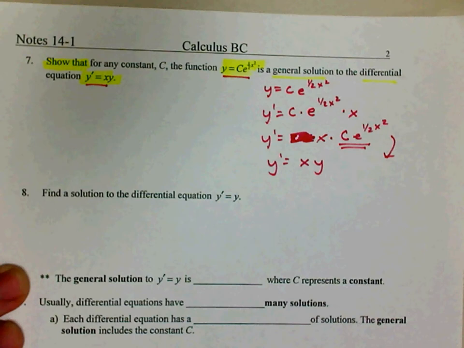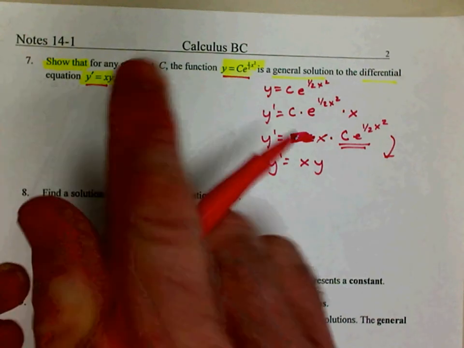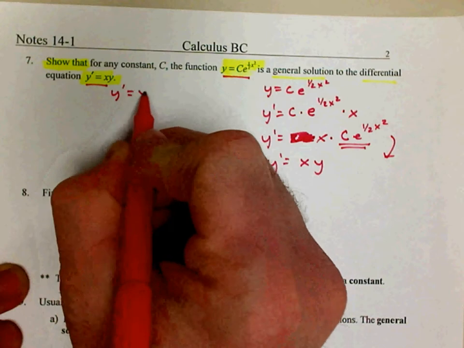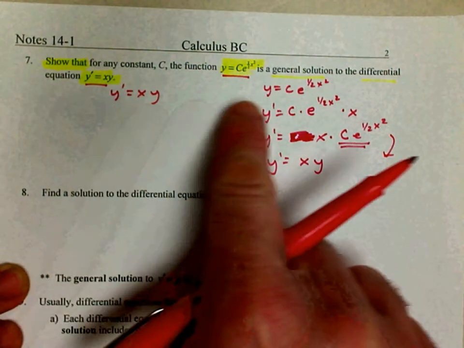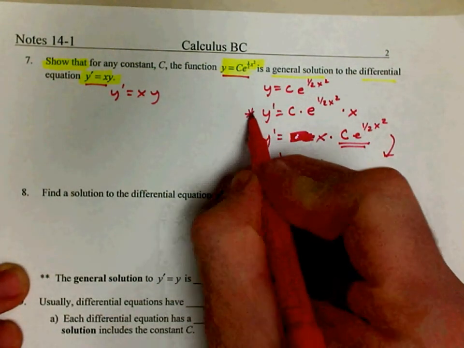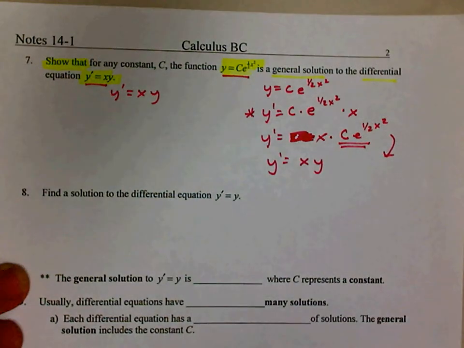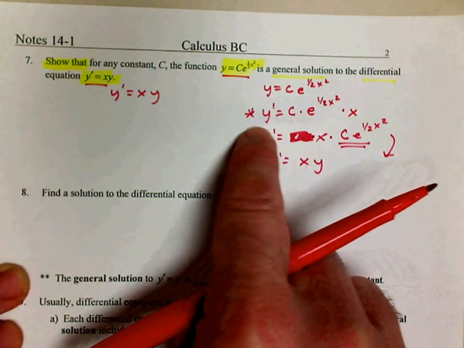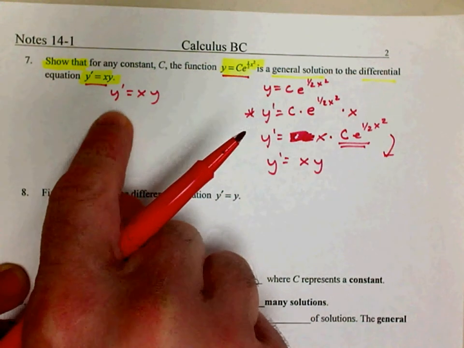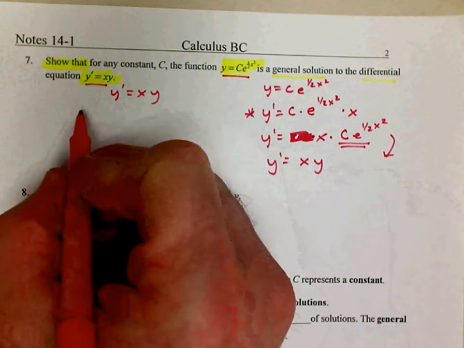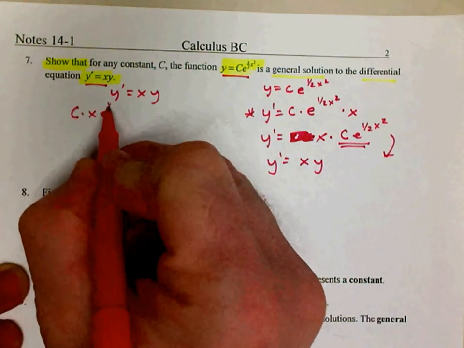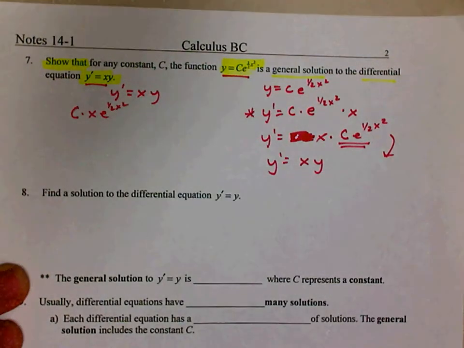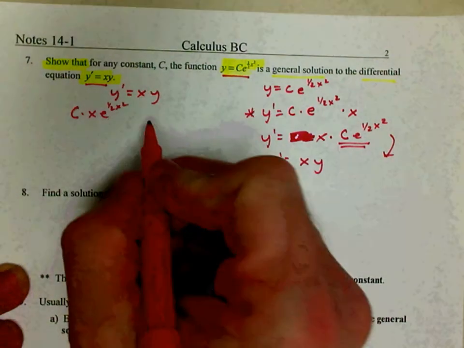Let's go with this other one. Let's start out with y prime equals x times y. Well, we over here found y prime. We can substitute in y prime into this equation, and that'll give us c times x times e to the 1/2 times x squared, and that equals x times y.